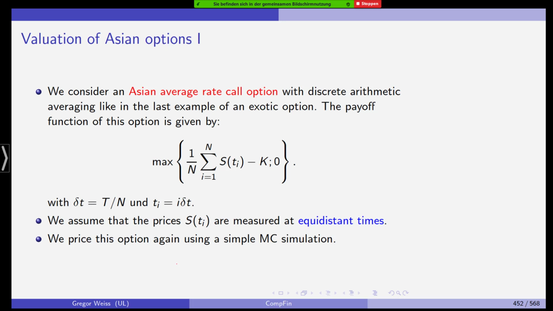So you take the average stock price, you subtract the strike, and the maximum of this or 0 is paid out. Now we assume that the prices are measured at equidistant times, so it's, for example, the closing quote every day. And then let's price this option again using simple Monte Carlo simulation.